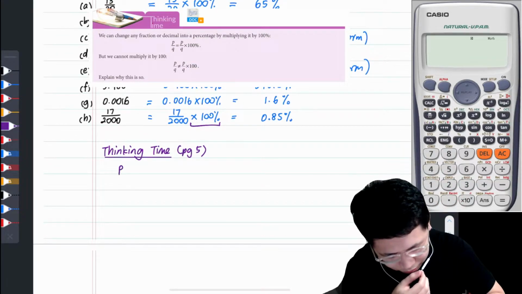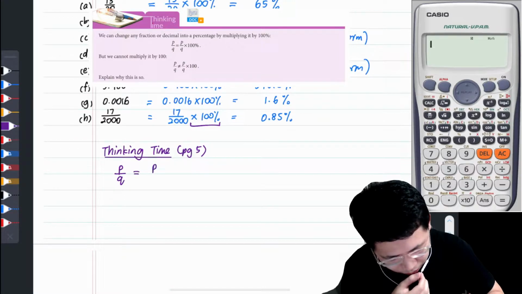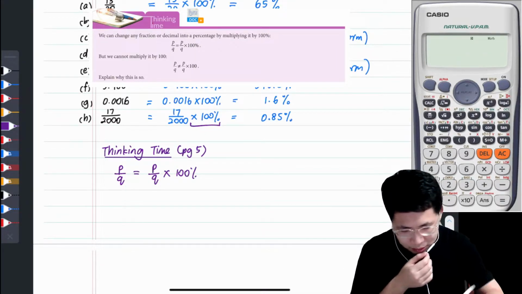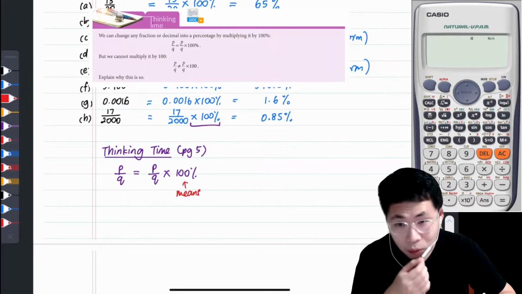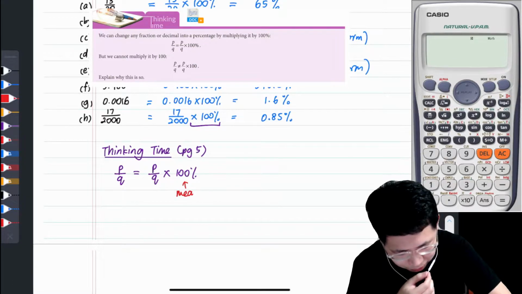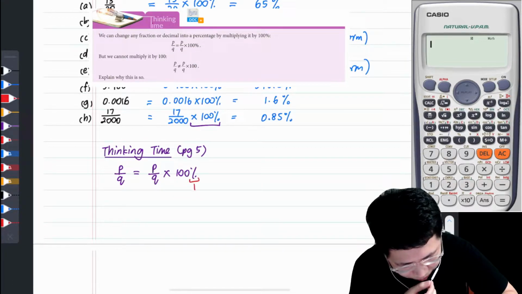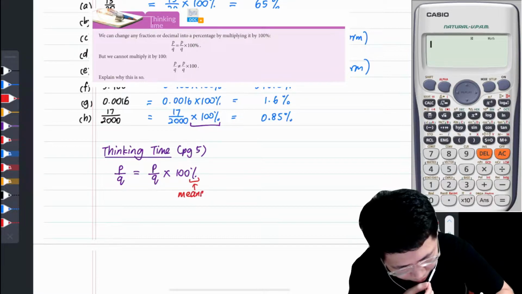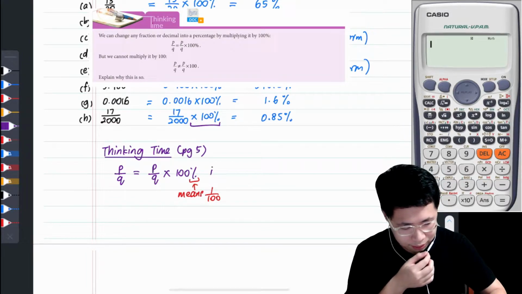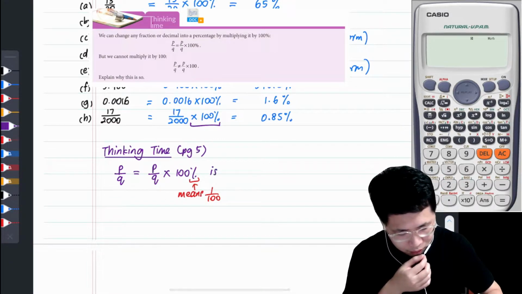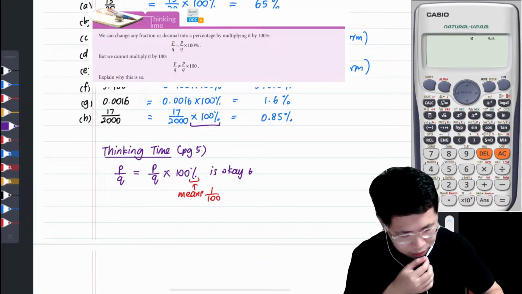Why is this so? Because P over Q is equal to P over Q times 100%. Now what does this mean? This percentage sign actually means 1 over 100. So this is okay, because it preserves our equivalence.